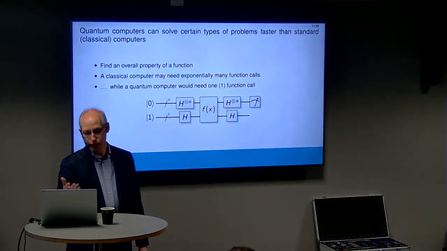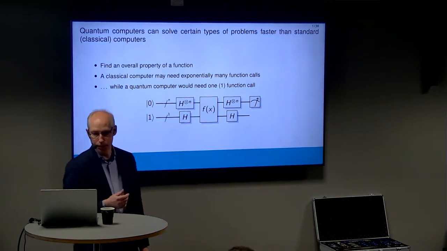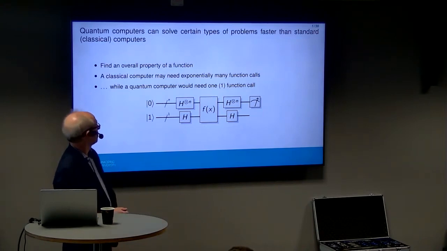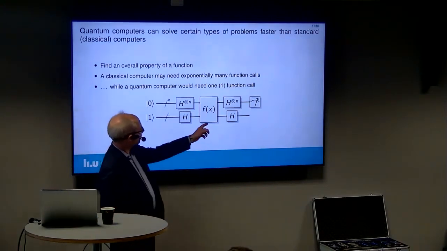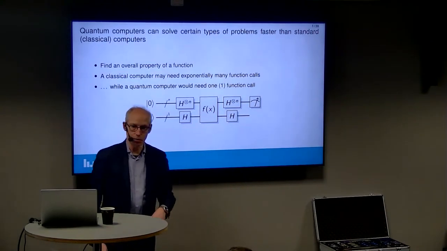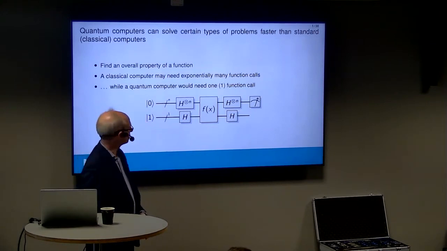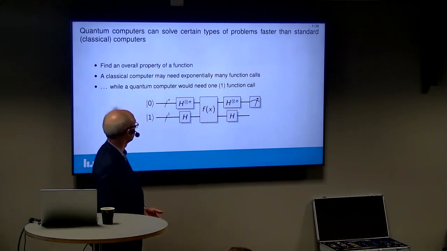So quantum computers can solve certain types of problems faster than a classical machine. The typical question you ask is, I have this black box where I have a function. I don't know anything about the function. And now I'm going to ask some structural questions, an overall property of the function.